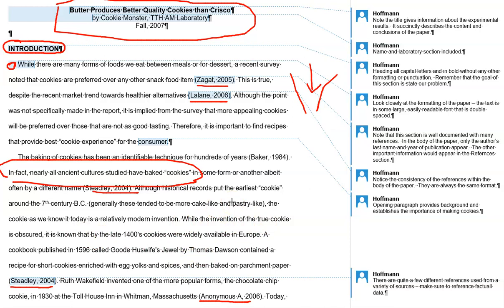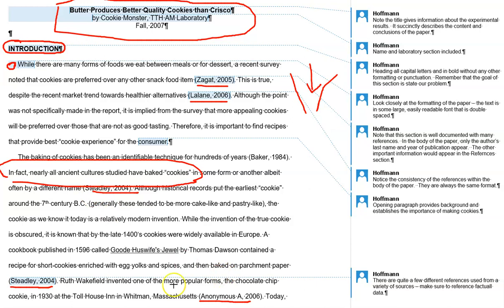Again, you don't have to have a historical reference in your lab report, but having some sort of perspective, whether it's historical or practical, helps. The practical perspective of cookies is not as important as it would be for many of the physiology topics we actually studied in class, but having historical references is a good thing.